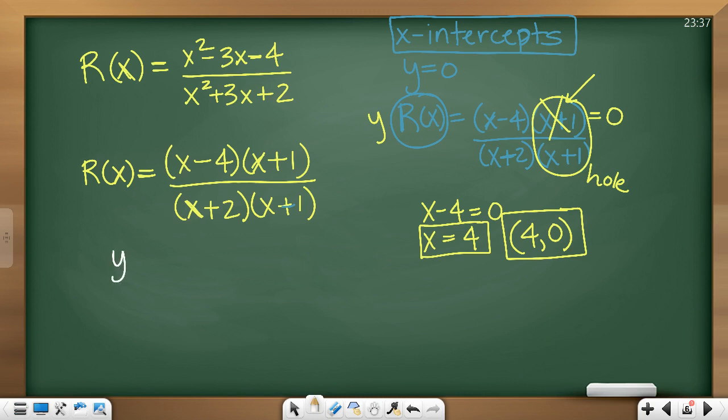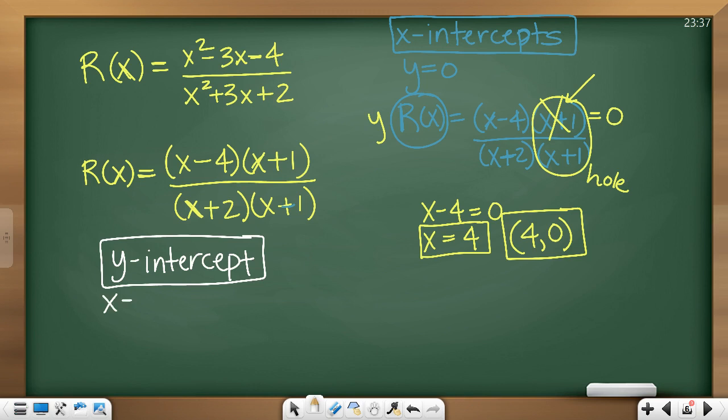I'm going to come over here because of room. The y-intercept is where it crosses the y-axis, and remember, the y-intercept is where x is equal to 0. So all you're going to do for the y-intercept is plug 0 in for x. Now I'm going to give you a shortcut.